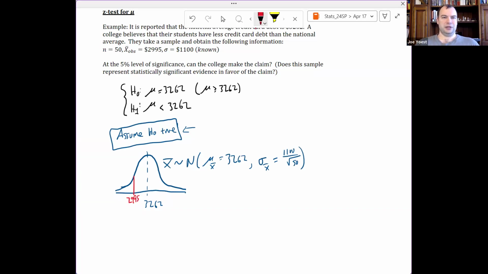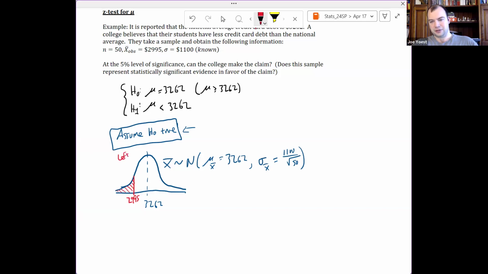But an X bar observed of 2994 or 93 or 90 or whatever further to the left would represent stronger evidence, right? Stronger evidence against H naught and in favor of H1. So if I rejected 2995, I would also reject anywhere further to the left.